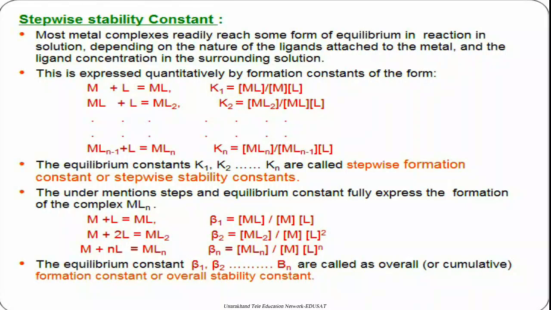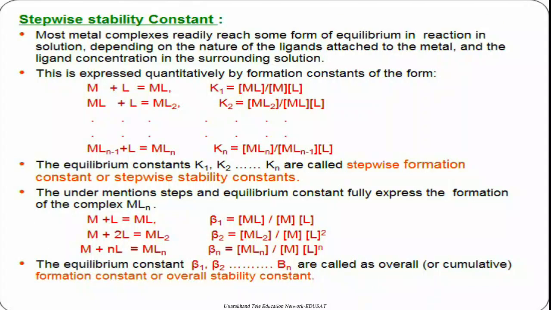The equilibrium constants beta 1, beta 2 up to beta n are called overall or cumulative, means total, formation constants or overall stability constants.